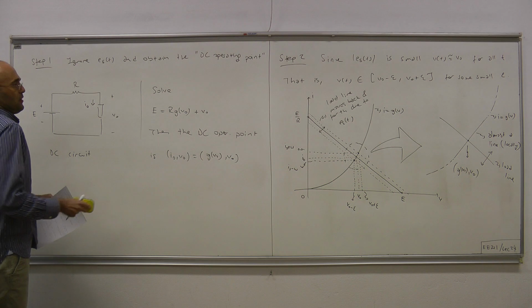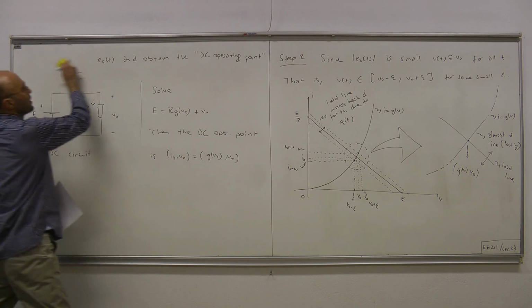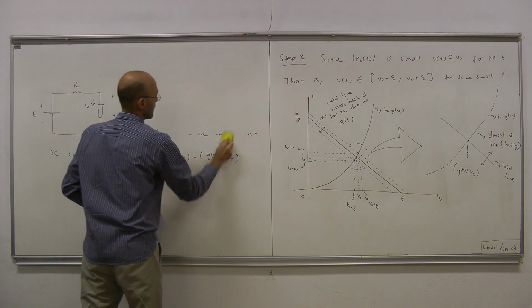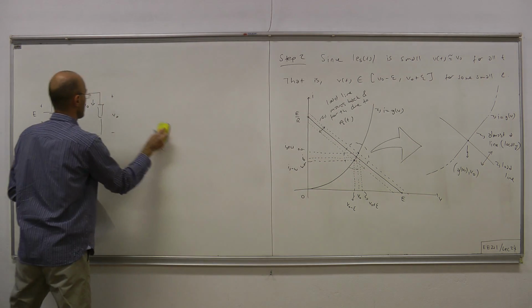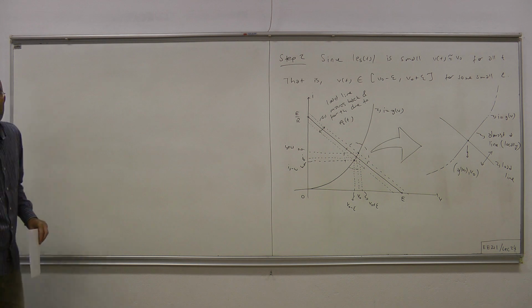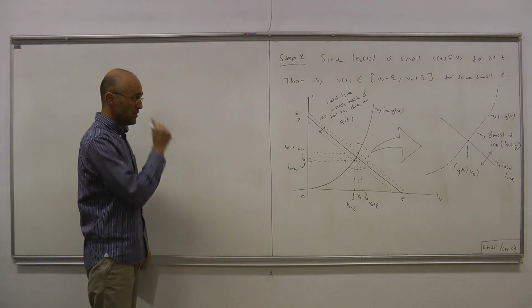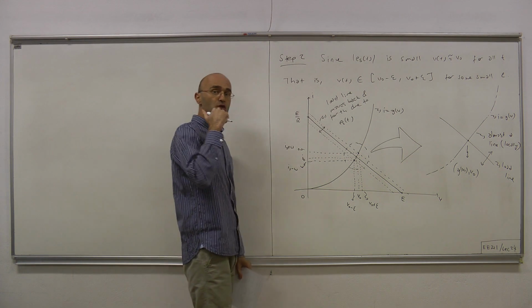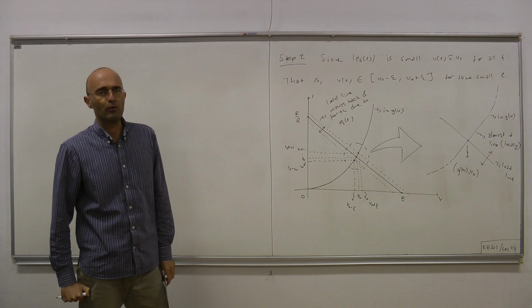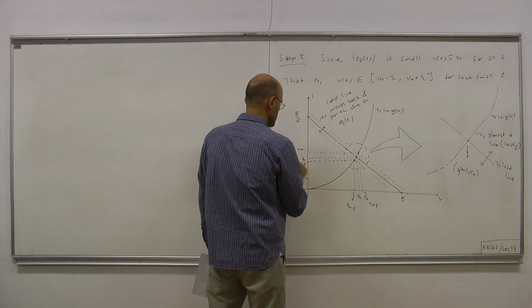So let's continue with our step 2. In step 1, we killed the AC source and obtained the so-called DC circuit, and using the DC circuit we obtained the DC operating point, which is V0 and GV0.